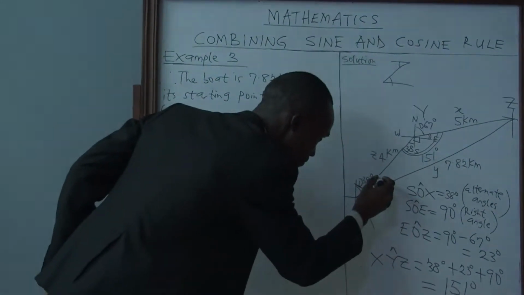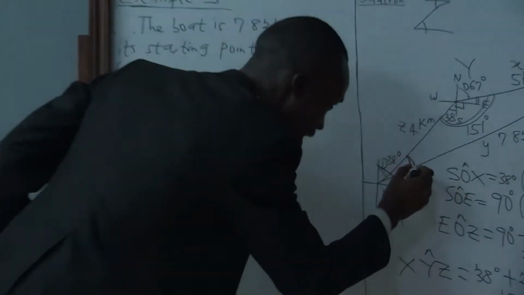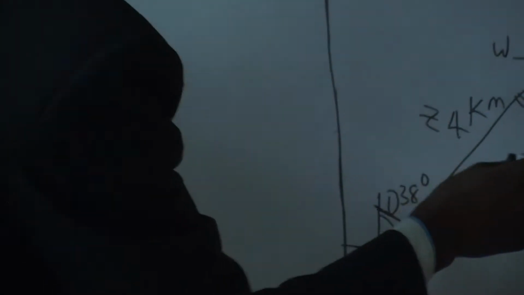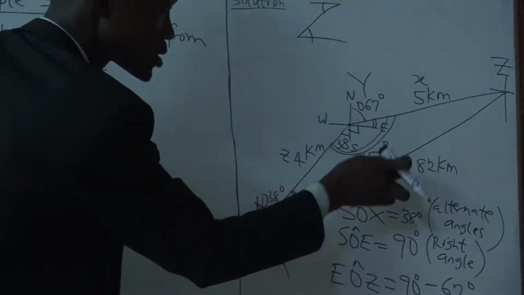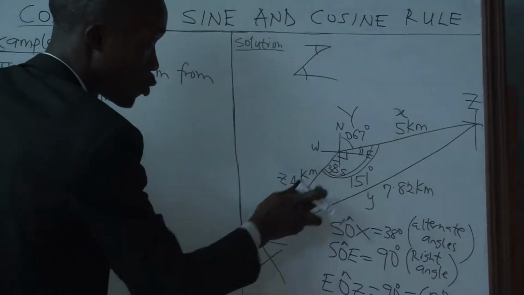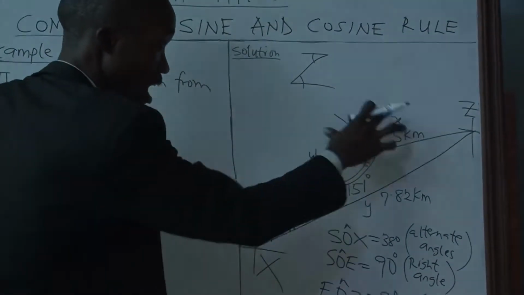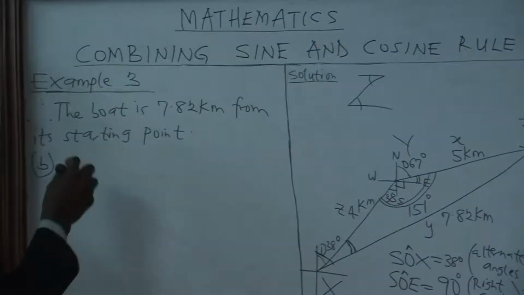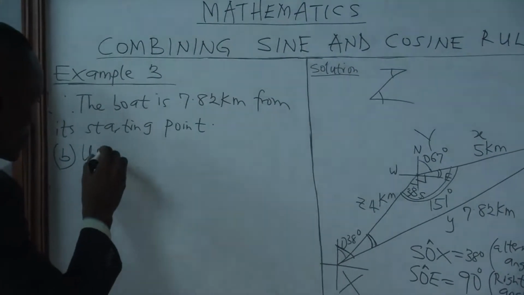So the thing we have to do here is to get this angle X. If you look at the triangle, we notice that y is complete because we know side small y and we know angle y. But we are looking for angle X and we know side X. So we use sine rule.